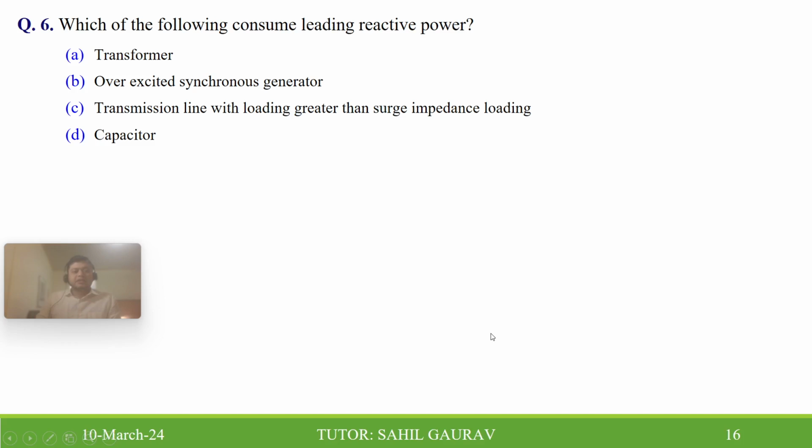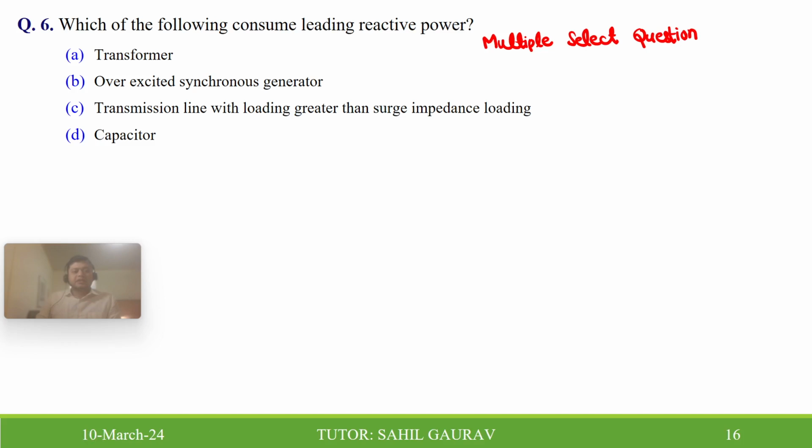Now the next problem. This is a multiple select question. Which of the following consume leading reactive power? There is more than one correct option. Anyone who knows the answer can reply.